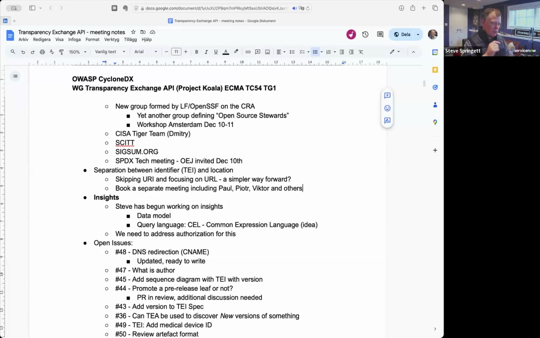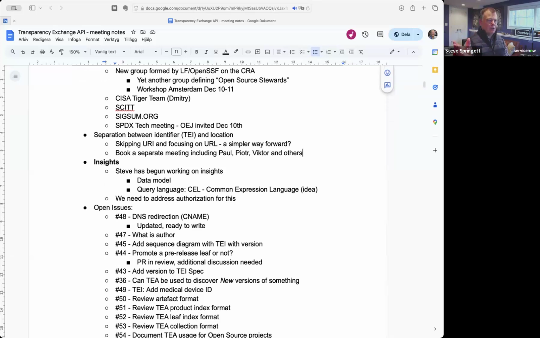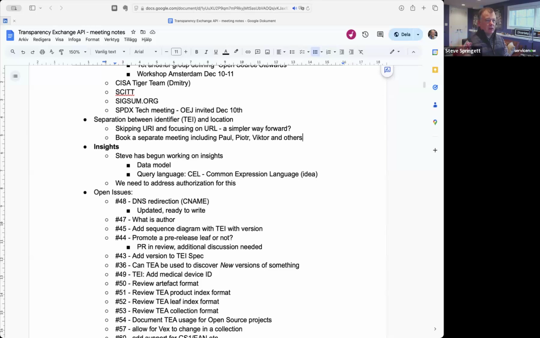But I do believe we need a way to identify this, and maybe it's a combination of a couple of different models. For example, if we need to query inventory, how do you specify in CEL that I want to query the inventory of software components or of hardware components?